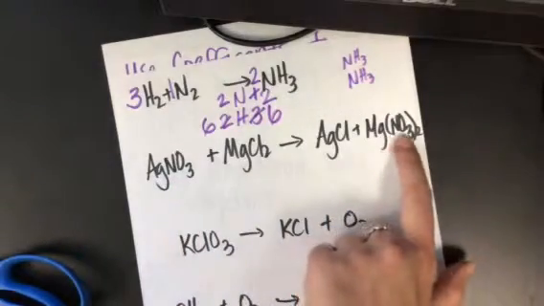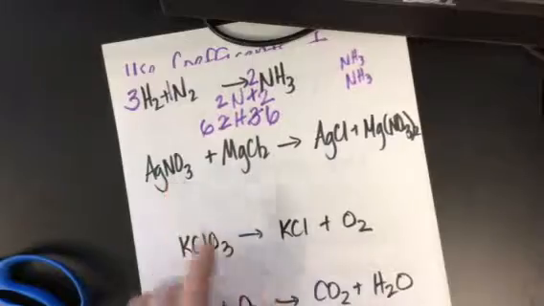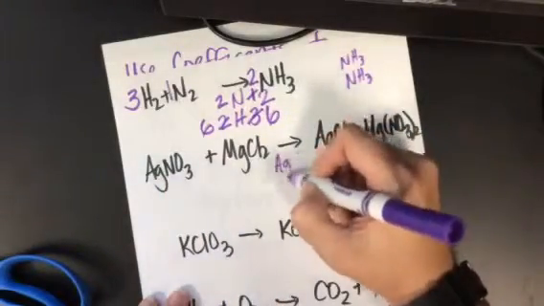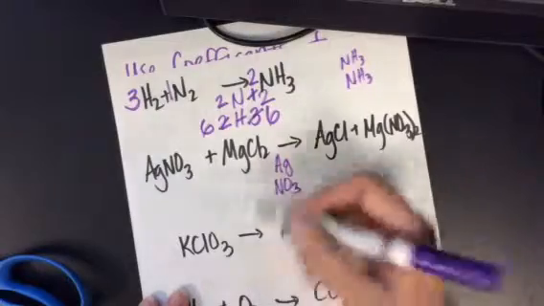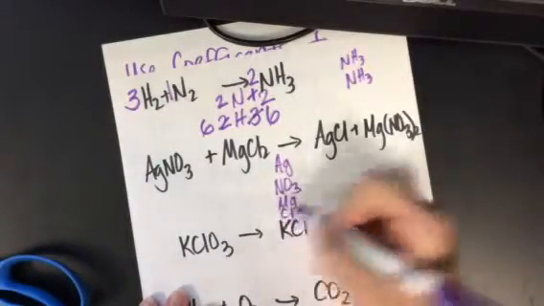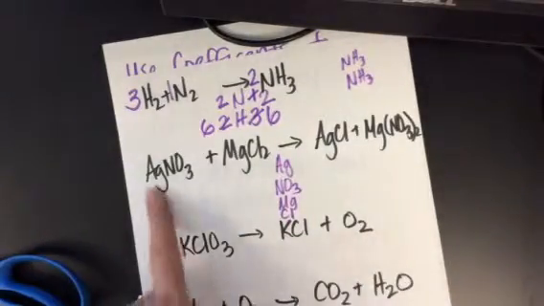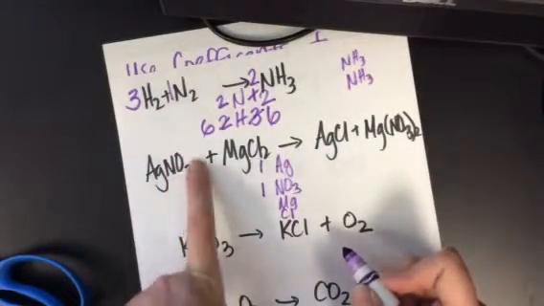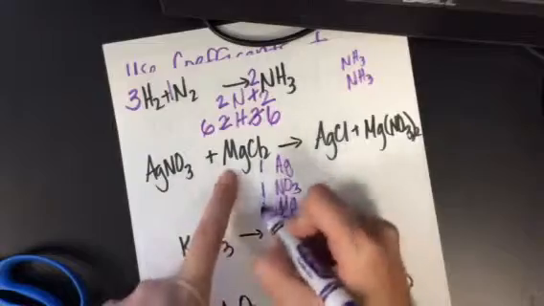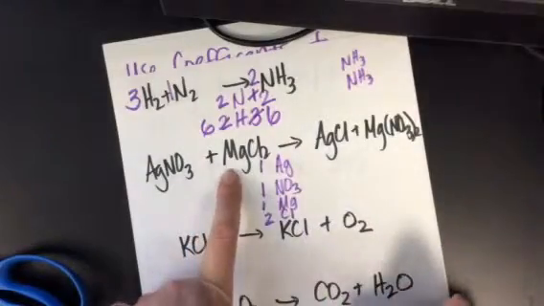I also have a nitrate right here. So in order to balance this one out, in my inventory, I'm actually going to keep nitrate together as NO3. And I have magnesium and I have chlorine. I have 1 silver, I have 1 nitrate, because this is not in parentheses, there's only 1 of them, 1 magnesium and 2 chlorine.